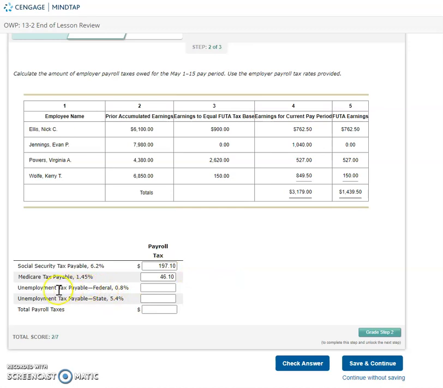Now when I look at my unemployment tax payable federal, my FUTA, I am not going to tax all of those earnings. I can only tax my FUTA earnings. So I'm going to take 1,439.5 times 0.8%. For FUTA then I get 11.52 after I round. And then I'm going to do the same thing for my SUTA. I'm going to take the FUTA earnings times 5.45%.